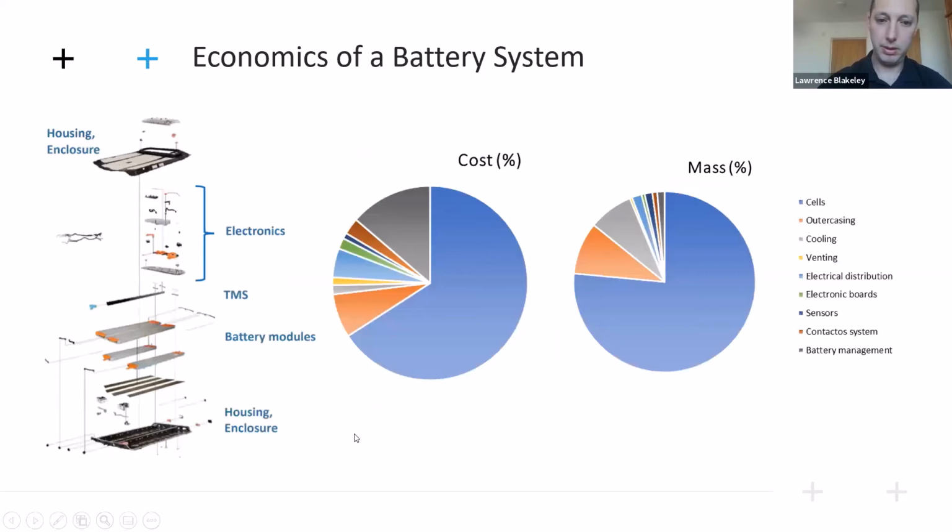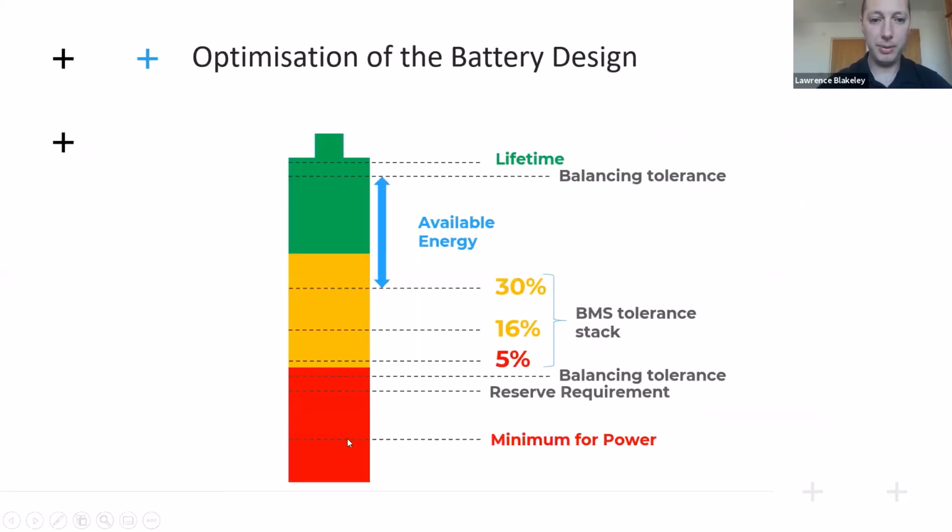Now I also remove what's called the reserve requirement. On the previous slide where we had that failed sub pack, the remaining sub packs need to be able to take up the slack from that failed sub pack. So that's the portion up to the reserve requirements line.